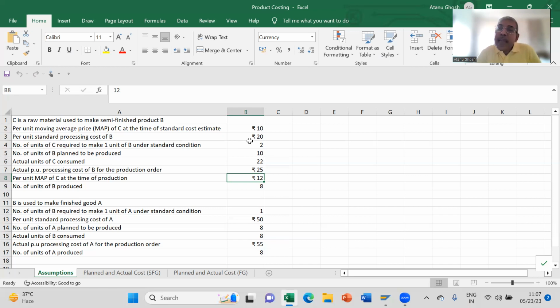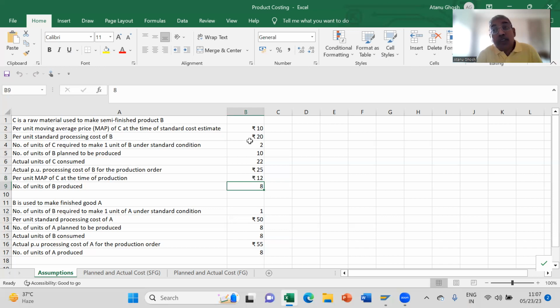And it so happens that at the time the production is processed, the moving average price has increased to rupees 12 instead of 10, which was the moving average price at the time of the standard cost estimate. So when C is consumed for production, it is consumed at the rate of rupees 12 instead of rupees 10. And that needs to be accumulated when we are calculating the actual cost of B.